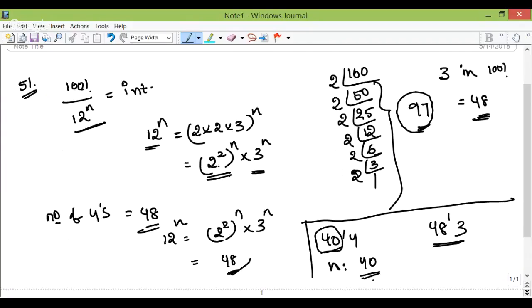From this, you can form only 40 12's, and the 8 3's will be remaining. So in the question, it is asked the maximum value of n. So the n value must be equal to 48.